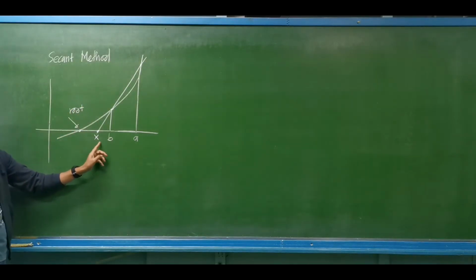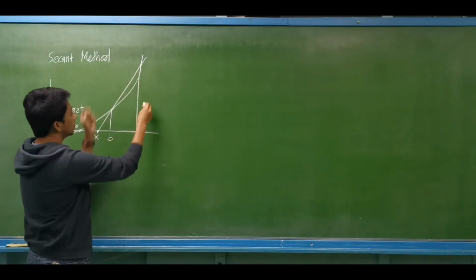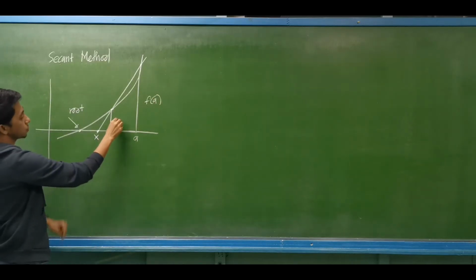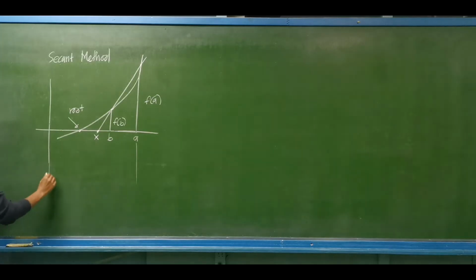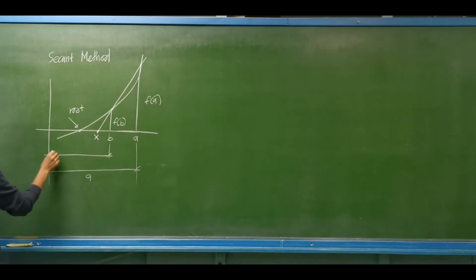So how do we compute for this value of x? By the way, what is the height of this line? That is the same as f of a. What is the height of this line? This is the same as f of b. So we have this one the same as a, this one the same as b, and this is the value of x.